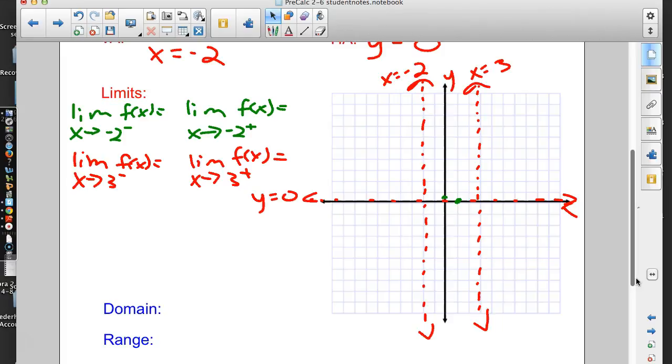We need a little beyond -2, so -3, -4 would be good ones. -3, -2/3. In actuality, that's probably the only thing I need for that branch. I know what the branch is going to do. That's what the asymptotes are there for. But if it's a test, we're going to put a few more down.